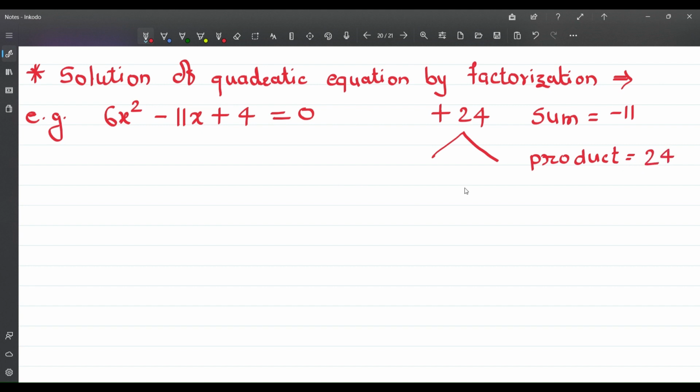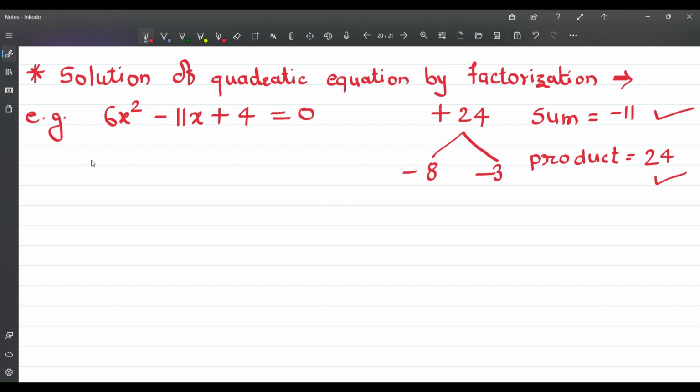The factors of this are 8 and 3, but we have to find two factors such that their sum will be minus 11. Therefore, we take minus 8 and minus 3. You can see, minus 8 minus 3, the sum is minus 11, and minus 8 into minus 3, their product will be plus 24.